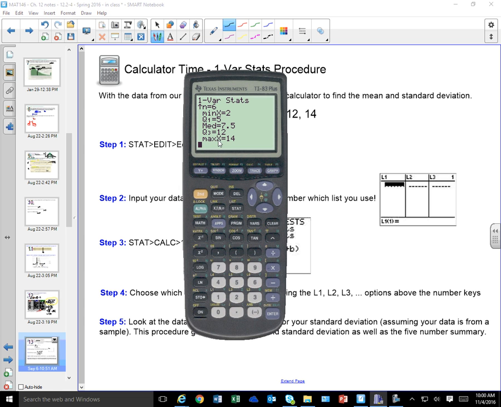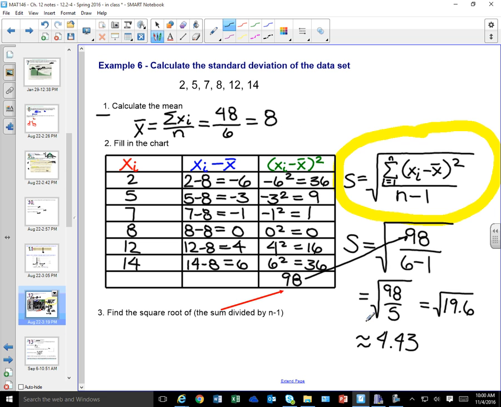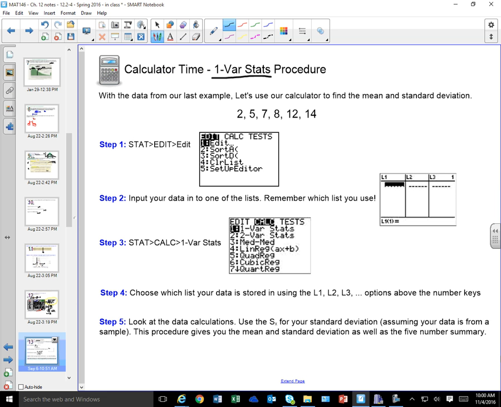These other numbers are what we call the 5-number summary that we're going to get to later on, and those will be important later as well. You can just scroll up and down until you type in something else in your calculator. So you see the sample standard deviation is 4.43. If we go back, 4.43 is what we got by hand. So that's how you can do it both ways.